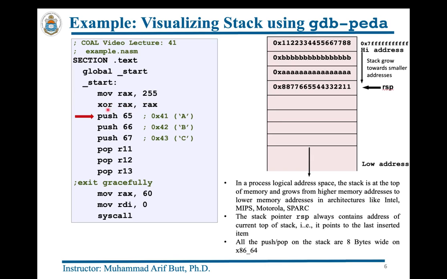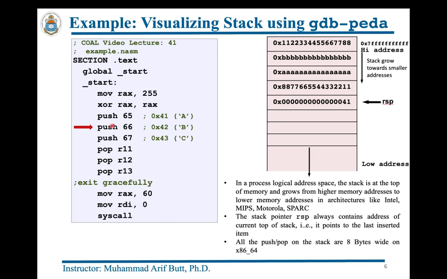However, when this first push instruction executes, that is push 65, this RSP will be moved 8 bytes towards the lower address, and a 64-bit value, decimal 65, will be pushed on the stack. And this is shown pictorially over here as well. You can note that this hex 41 in 64-bit has been pushed at the top of the stack.